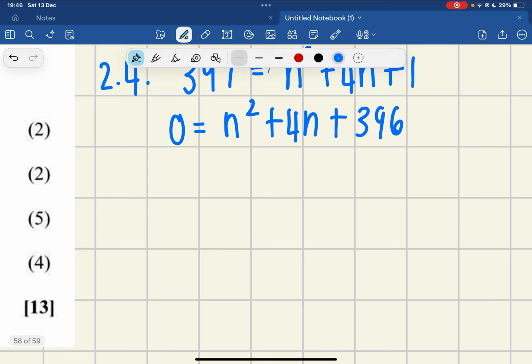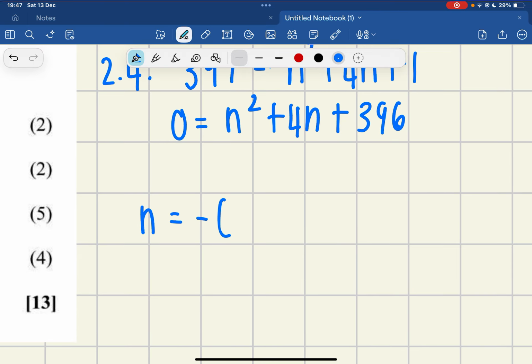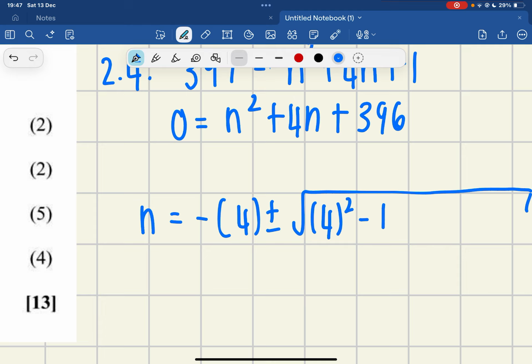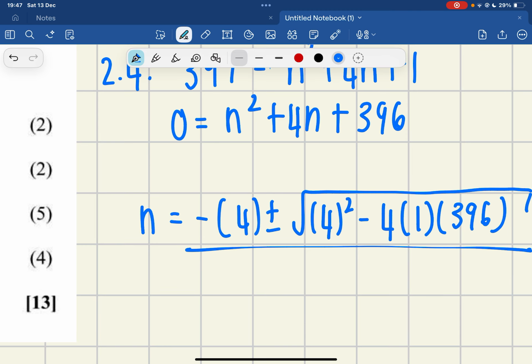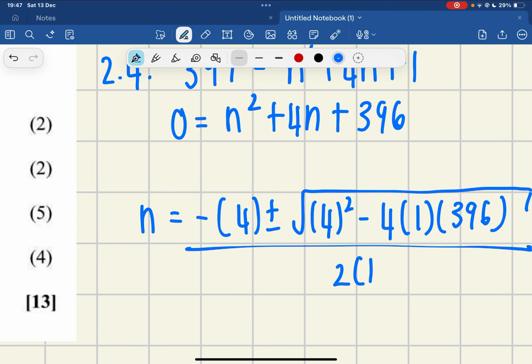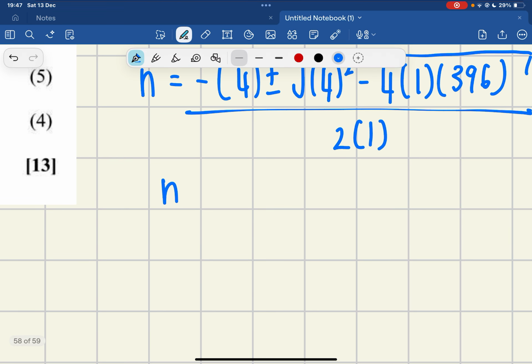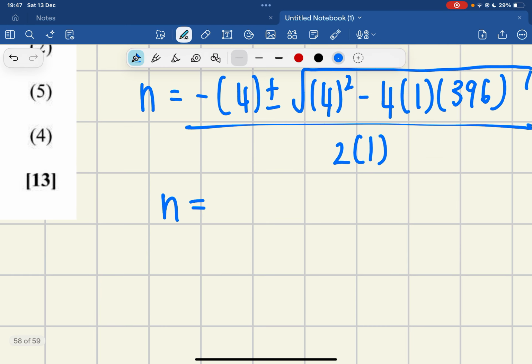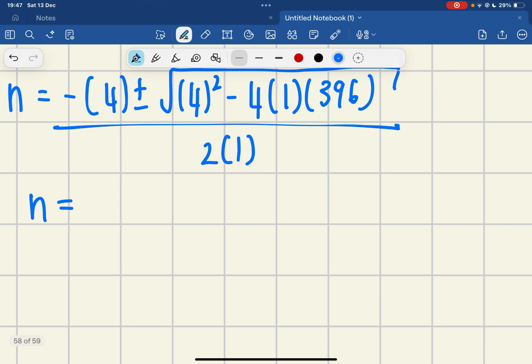Then we'd use our quadratic formula. n is equal to negative 4 plus minus the square root of 4 squared minus 4 times 1 multiplied by 396, all over 2a, which is 1. Therefore, it will give you one number, and n will give you another number.